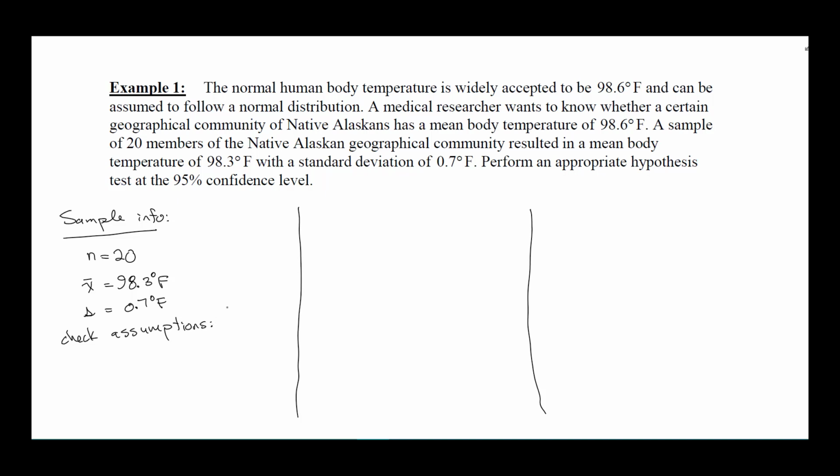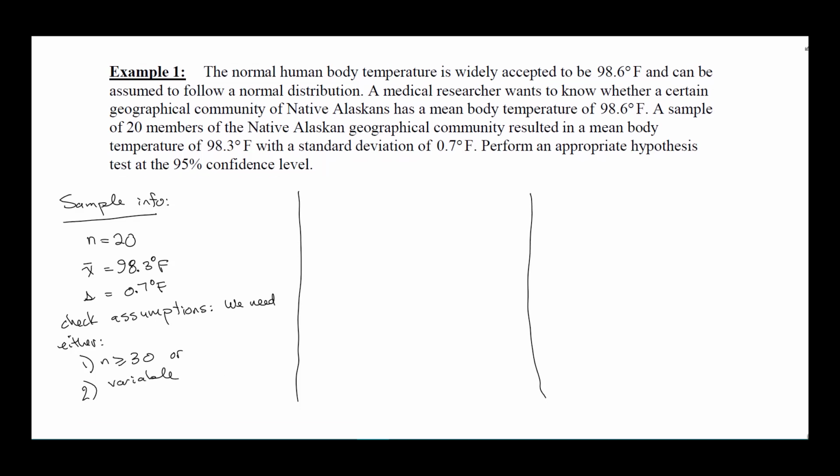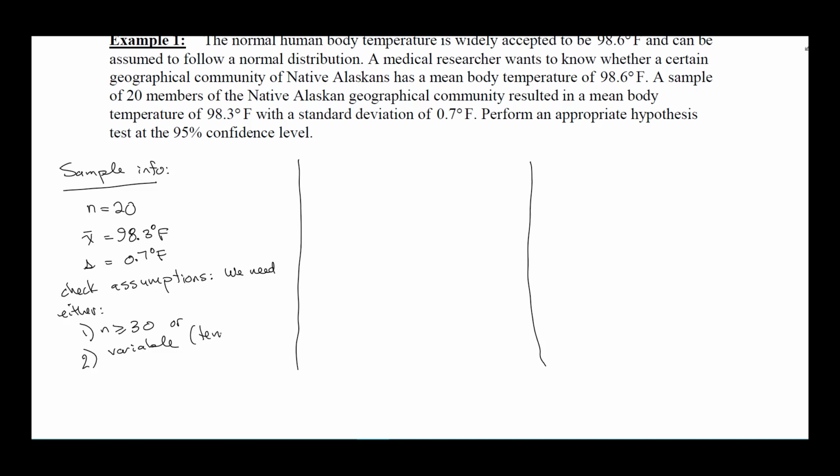Okay, so what we need is either my n to be at least 30, or my variable, in this case temperature, normally distributed in the population.